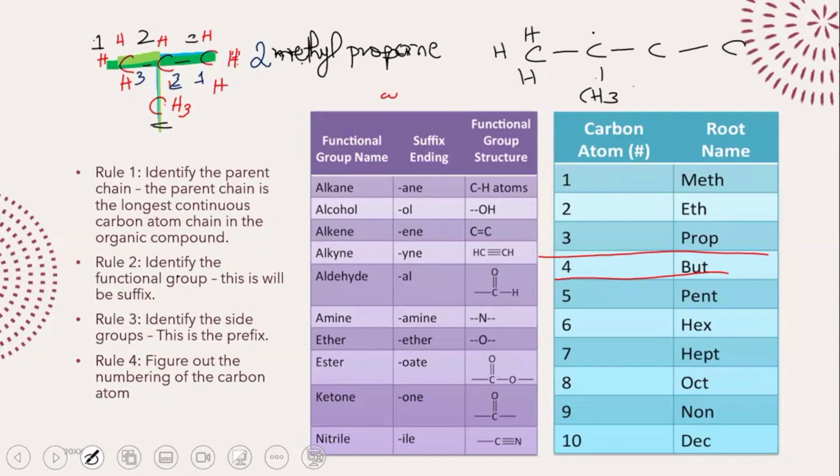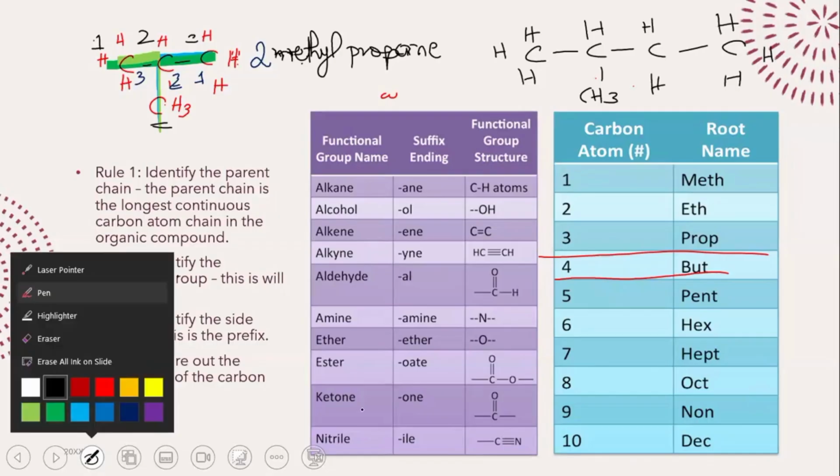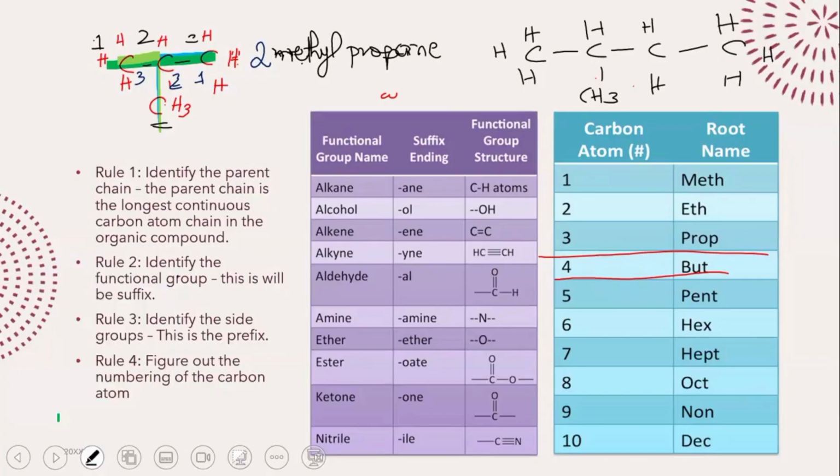Now, this is a very similar structure to the one we just discussed. But as you can see, in this particular case, the longest carbon atom chain that we have includes 4 carbon atoms, not 3.